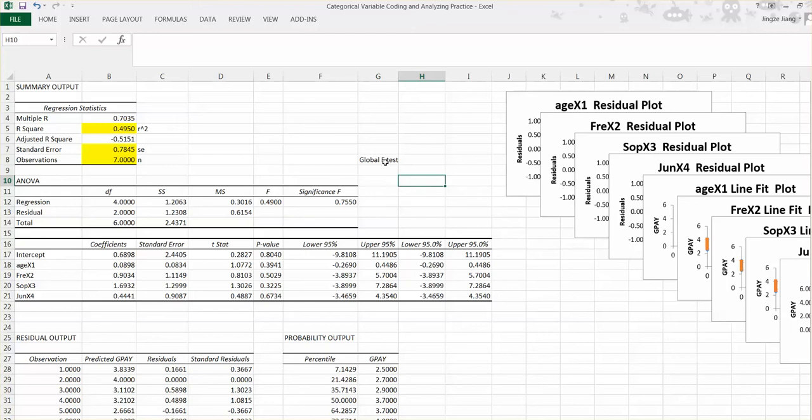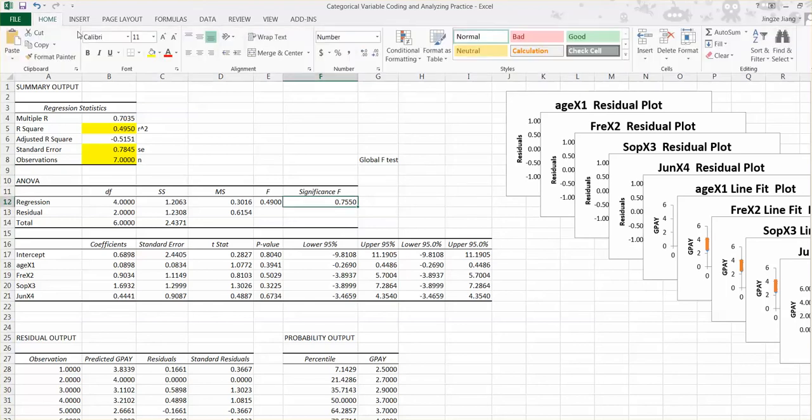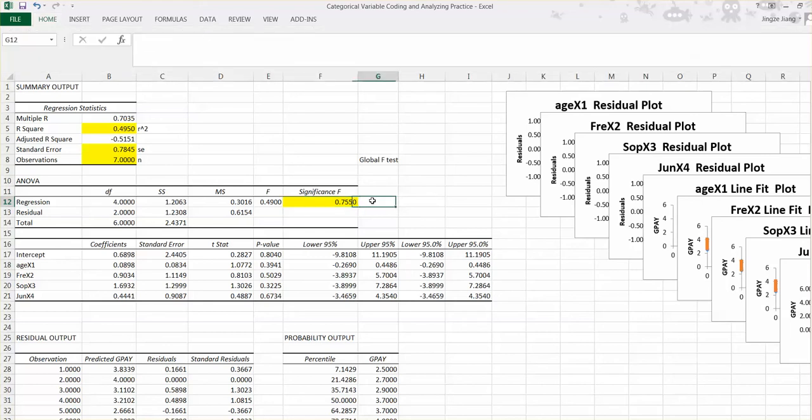In the global F test, we will use the p-value. Where can we find the p-value? It is named Significance F. You should know this is the p-value for the F test.